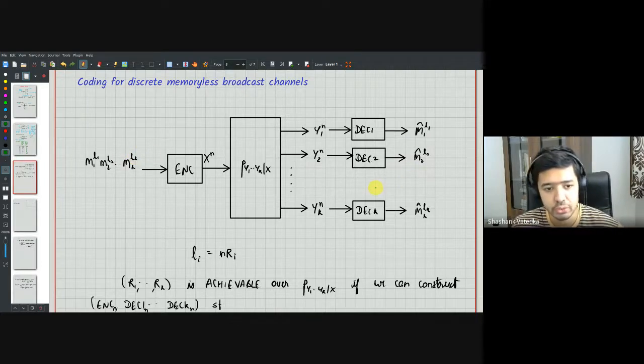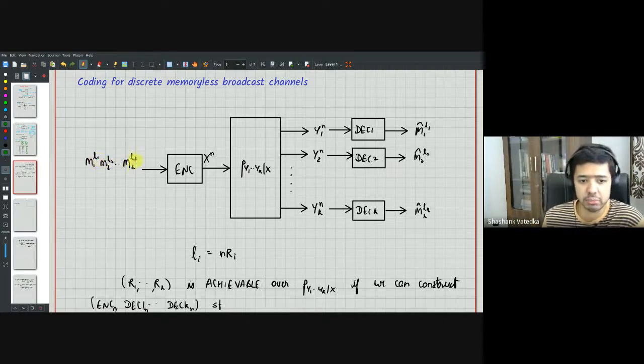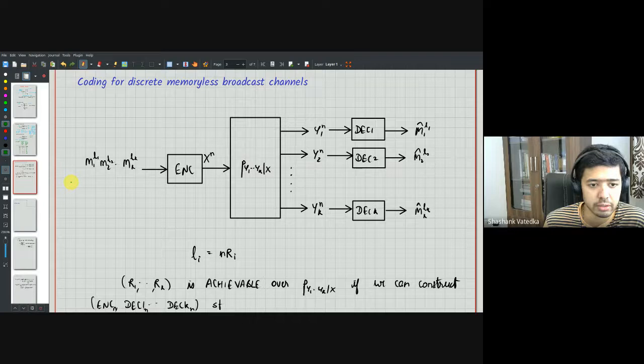The assumption that we will make is that these messages are independent, and the lengths of the messages could potentially be different.